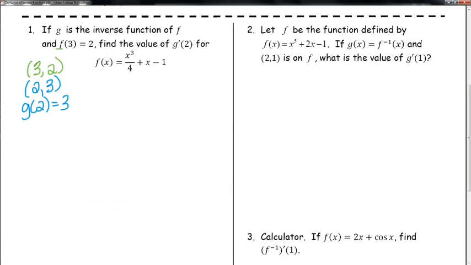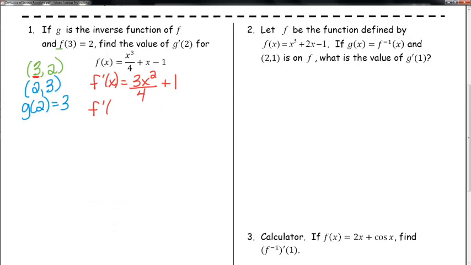Okay. So the way that we find g prime of 2 is we need to take our derivative. So let's take the derivative of f of x. That will give me 3x squared divided by 4 plus 1. And I'm going to plug in my x coordinate for f, which is 3.